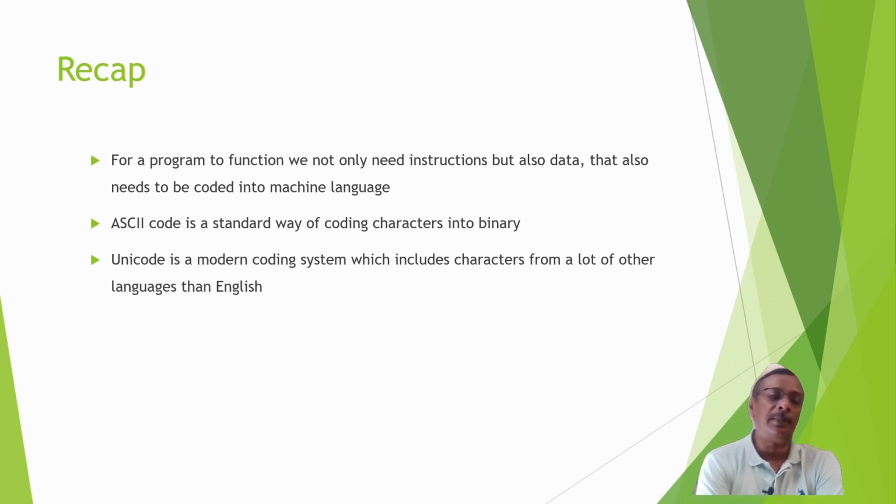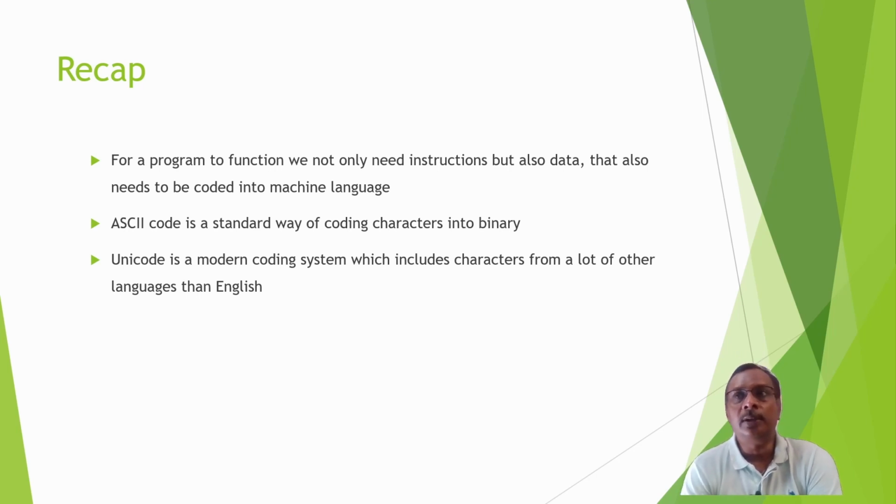ASCII stands for American Standard Code for Information Interchange, and it is a standard way of converting characters into binary, the ones and zeros. We also saw Unicode, which is a modern coding system that is multi-byte in nature, whereas every ASCII character is of size 1 byte, which is 8 bits.